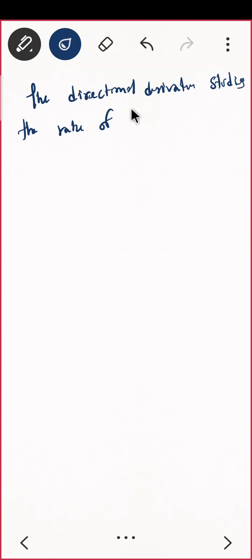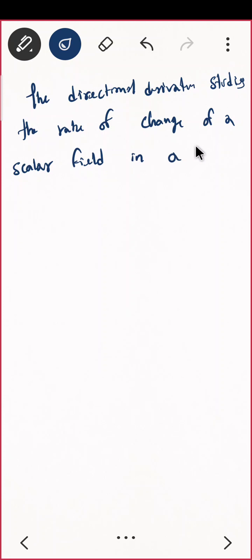Derivative was rate of change only, the change of a scalar field in a direction. This is the new thing. This is in a direction.